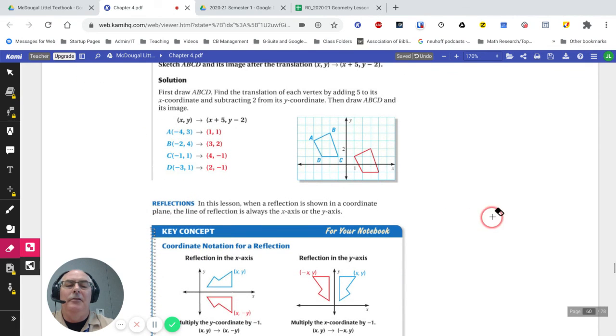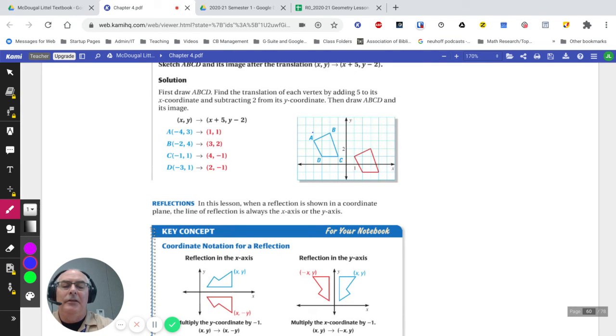When I'm given 2 figures that are drawn on a coordinate plane, I can figure out what my translation is by looking at the difference from one drawing to the next.